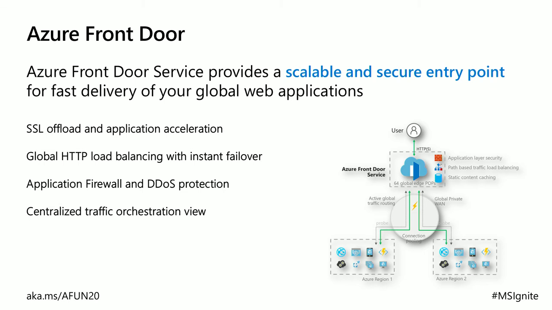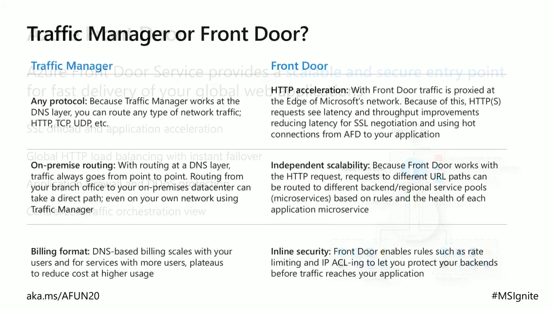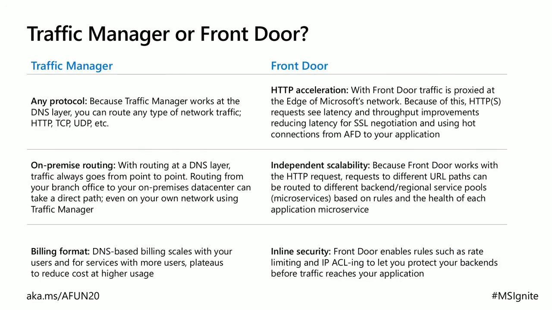And similar to the application gateway, it offers SSL offloading, and you can accelerate your applications. It has global load balancing with instant failover. There are endpoints all over the world that are easy to set up, and there's a built-in application firewall and distributed denial of service protections built in, and you can have a centralized view of where all of your traffic is going.